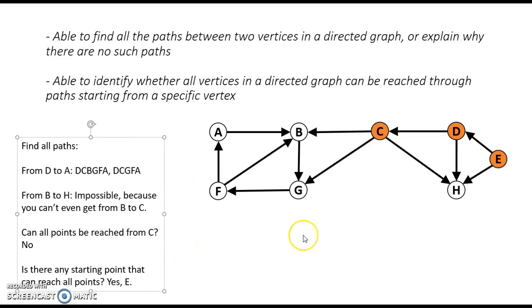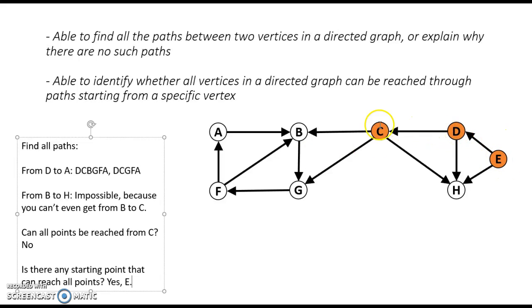So why does this matter? A lot of times directed edges can be modeling of real situations, so spread of a rumor or spread of a disease. So if for some reason this particular disease could only be spread in one direction, and you can think of ways that would occur.